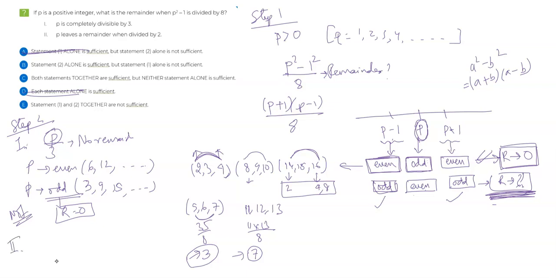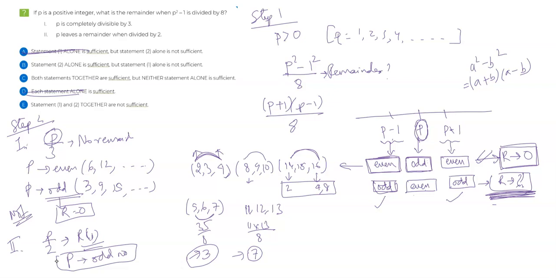The second statement is p leaves a remainder when divided by 2. So when p is divided by 2, I'm getting a remainder, and the only possible remainder is 1. You know that. So if I'm getting a remainder here, that clearly means that p has to be an odd number, because only odd numbers when divided by 2 leave a remainder.